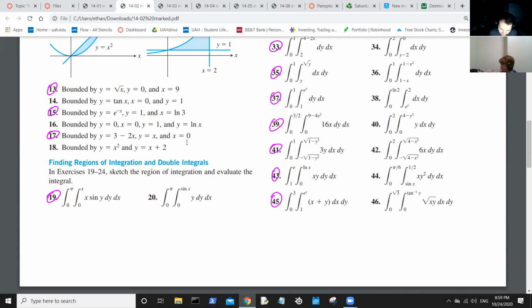This is the vertical dy dx portion. So we're looking for the x coordinate of the intersection. This is the second portion. So the first part, I have lower bound as y equals x, upper bound as y is equal to 3 minus 2x. Since we're moving vertical, you start by going from bottom to top. And then for these questions, when you're doing vertical, your next portion is going along the x-axis.